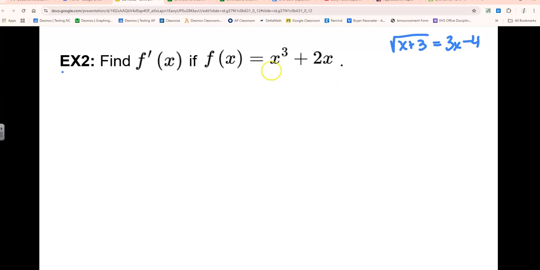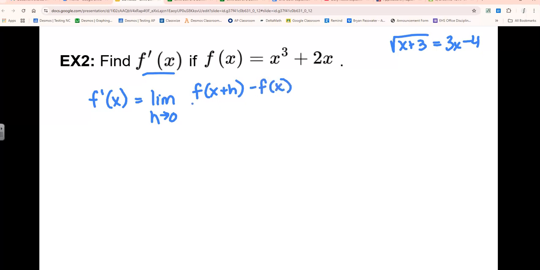So if we have something like this, it's asking us for the general derivative here, so we have to use that formula. f prime of x is going to equal the limit as h approaches 0 of f of x plus h minus f of x, all over h.